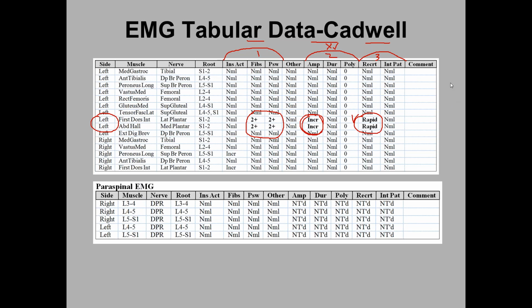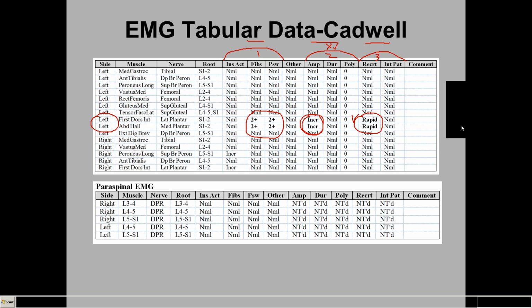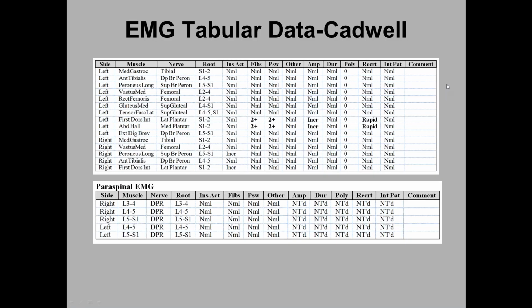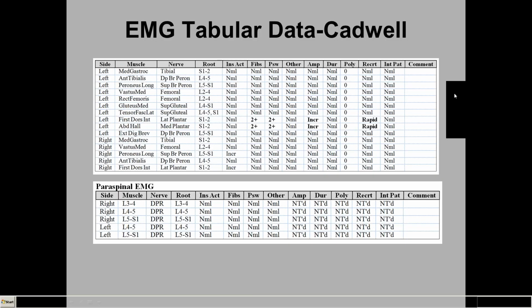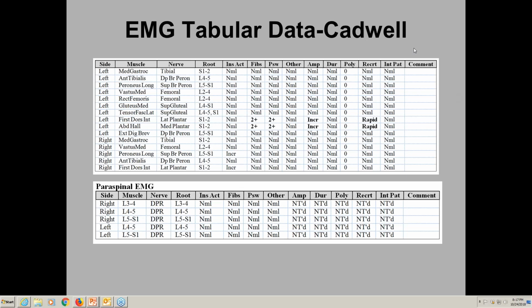So it's important as we sit down to see data to be able to say what it means, because that means a lot in our impression, doesn't it? Now, whether this is a patient who has tarsal tunnel syndrome, or some distal motor axonopathy, we still have to compare that to our nerve conduction data.